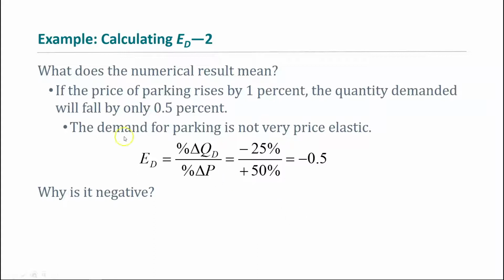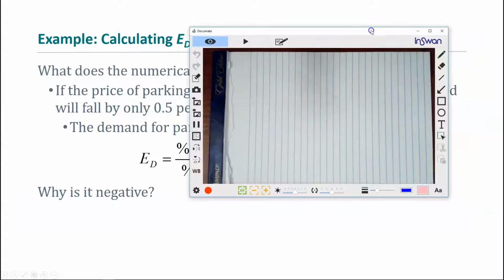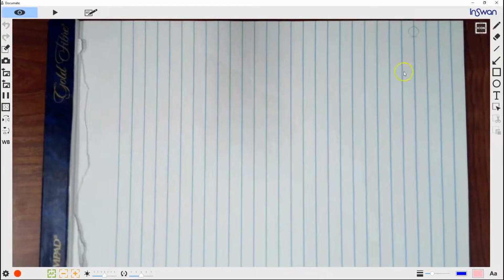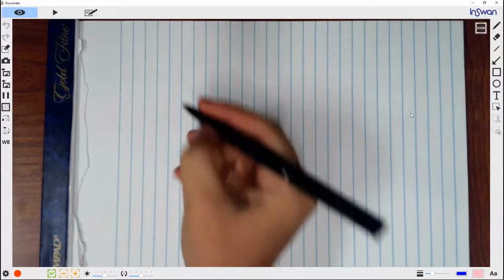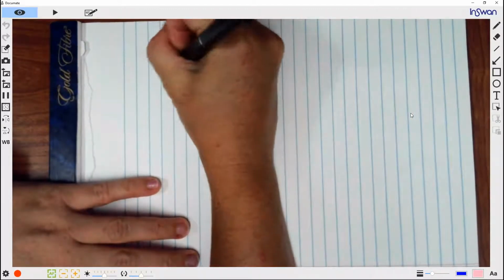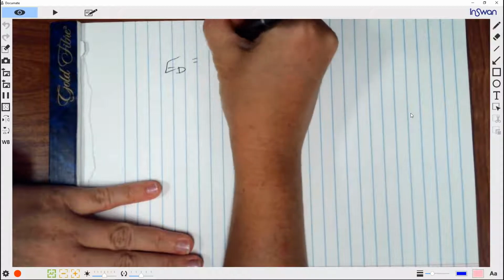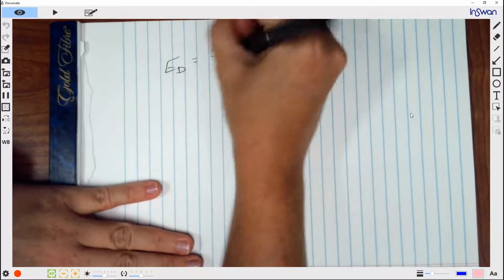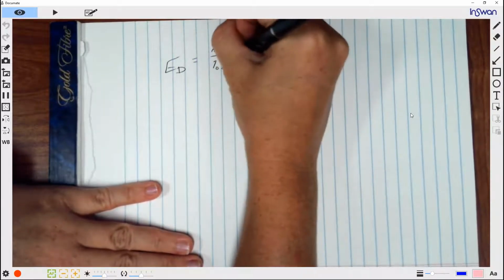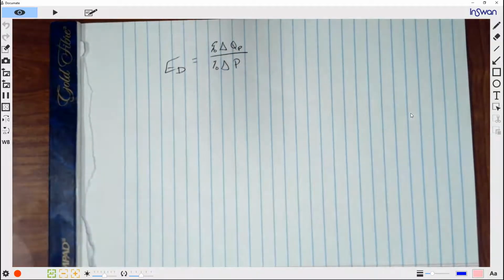In fact, let me pull my paper up over here, and we can generalize this a little bit. If we think about the price elasticity of demand as the percent change in quantity demanded divided by the percent change in price, right?